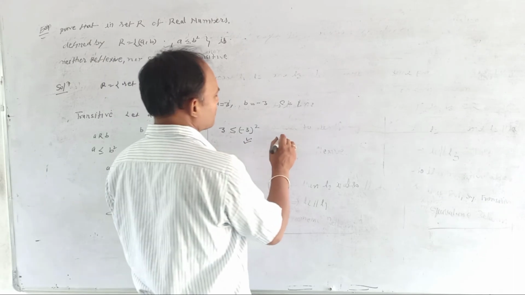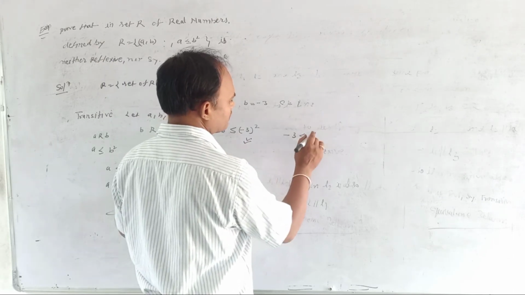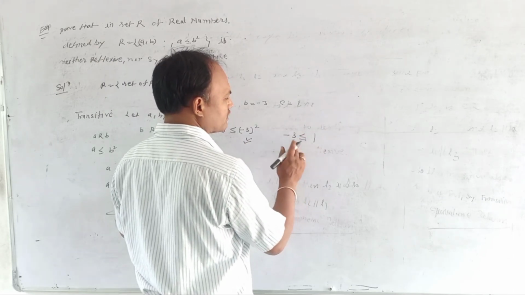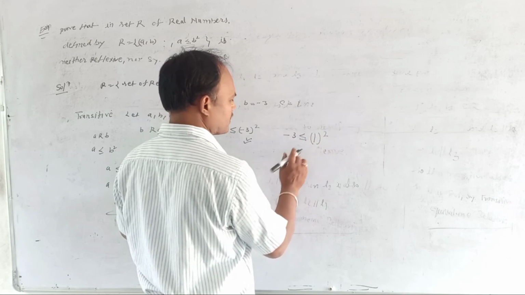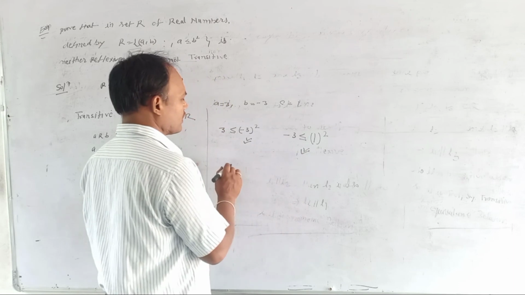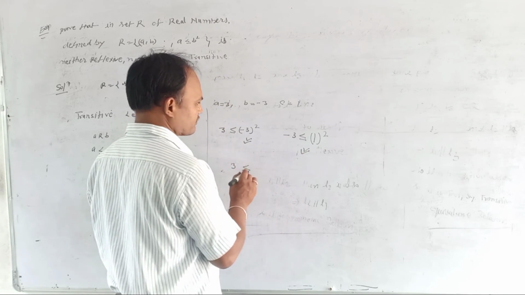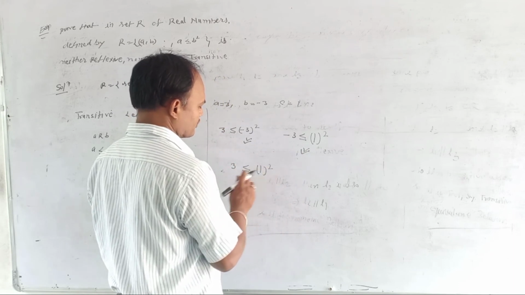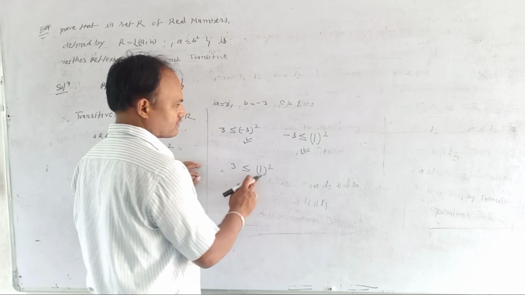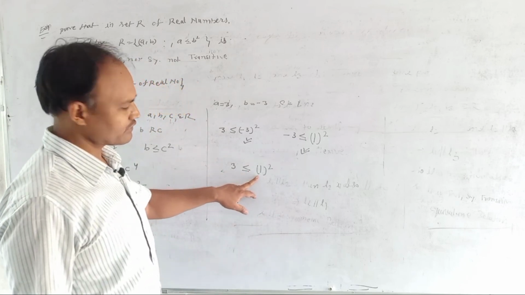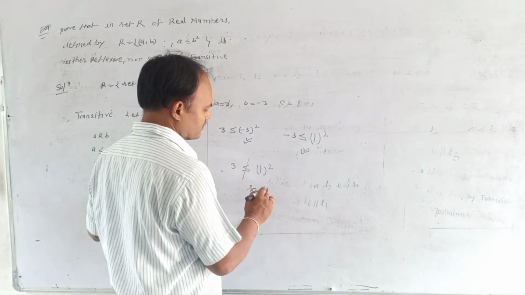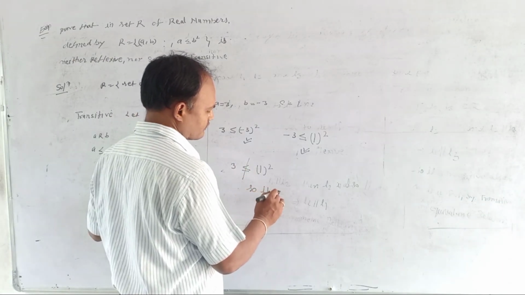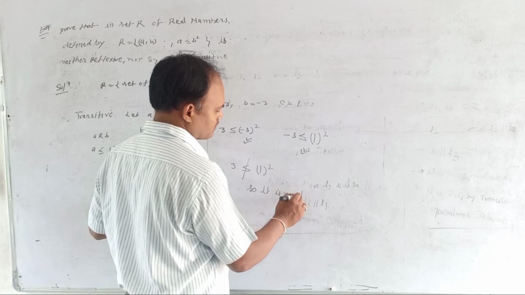Now -3 ≤ 1², so it is also true. Now I am saying 3 ≤ 1². Is it possible that 3 ≤ 1²? It is not possible. So it is not transitive.